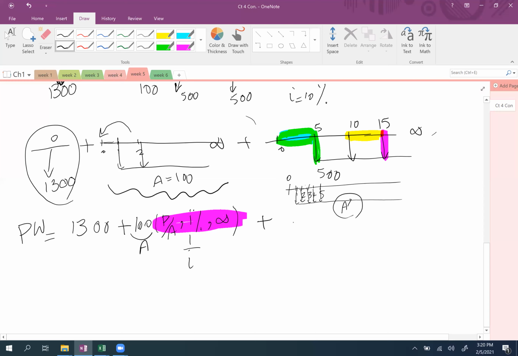If this pink cash flow is like a future worth for the period of 10 to 15, or the period of 5 years, how do I calculate A prime? It's 500, because it's like a future worth for that yellow period, I would say A given F, interest rate is 10% for the period of 5 years. So right now I know that I have the value of A prime.